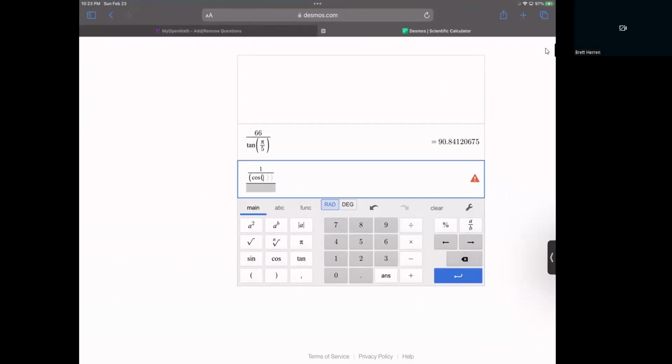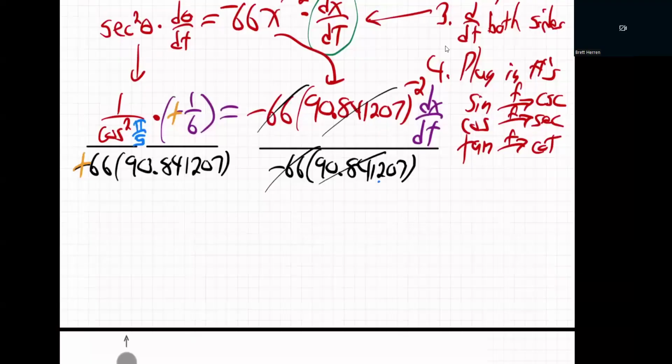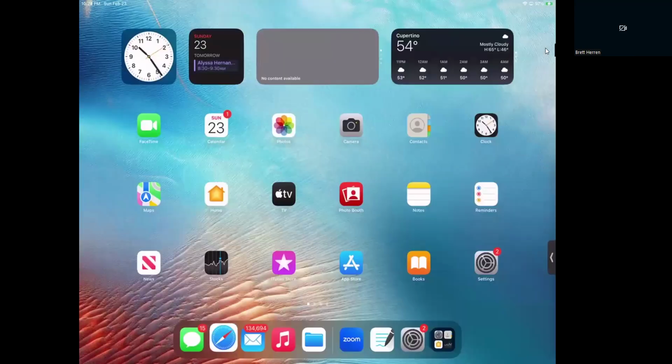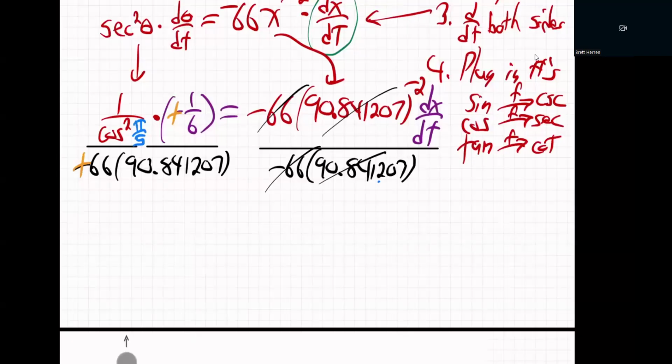Cosine of pi over 5, squared. Okay. Let's go back. 1 over cosine of pi over 5 squared, times 1/6, times 66, times that 90 number.